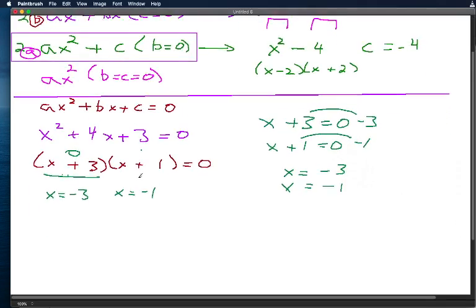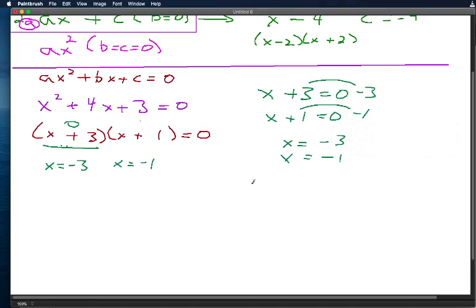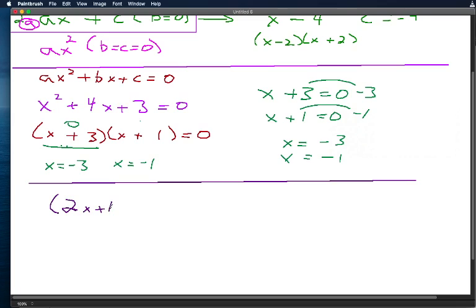Now, there are some questions in the book that start you off and they're already factored. So let's just take a look at these ones using the null factor rule. If I do that, for example, 2x plus 1 times, let's imagine, x minus 2.